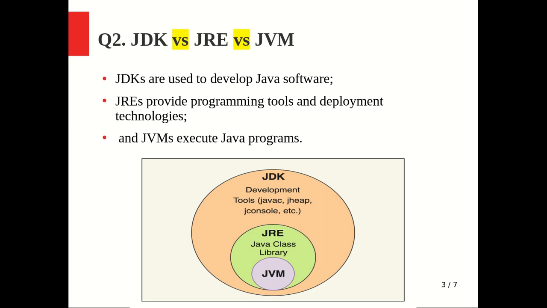So the Java Runtime Environment contains Java class libraries plus a JVM, right? In the very outer circle you can see the JDK. JDK is a development tool or kit which contains javac, the Java heap memory, the Java console, etc., plus the JRE, right? So JRE plus JVM forms a JDK.